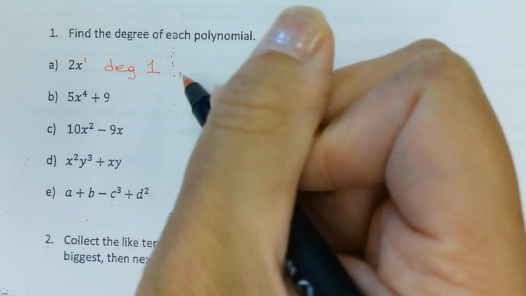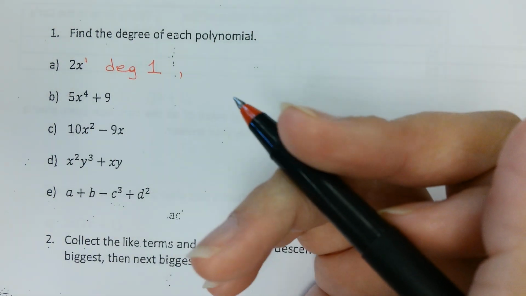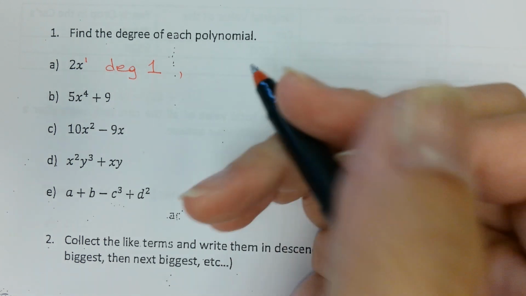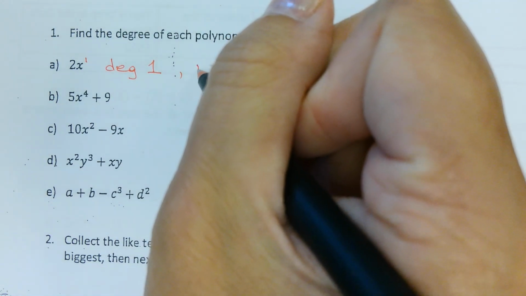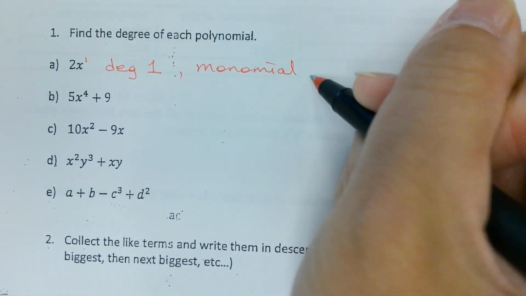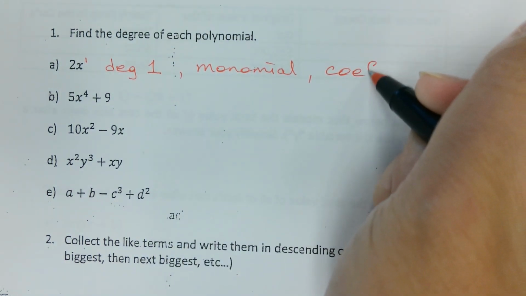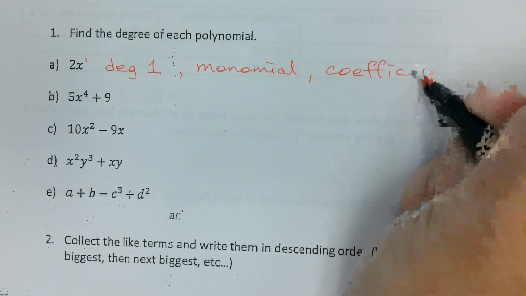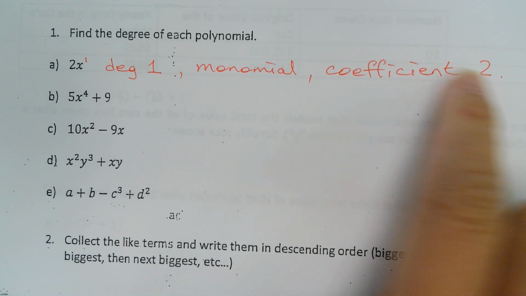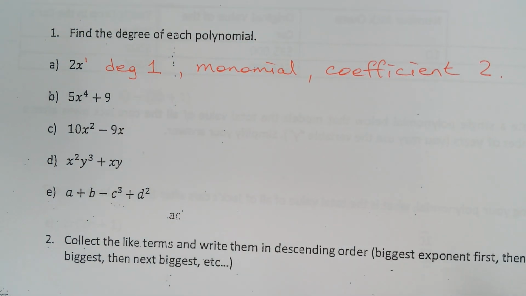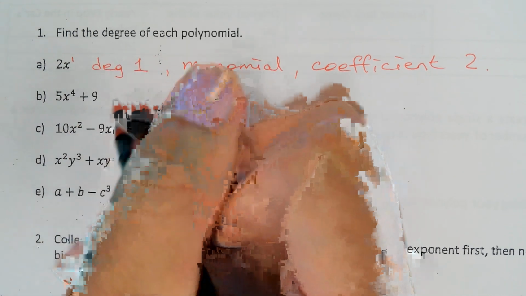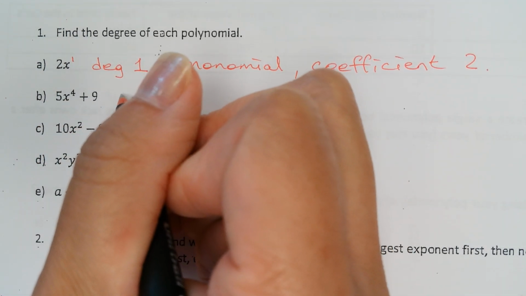For the sake of the review, how many terms does this have? 1 term, and so it's called a monomial. What's my coefficient here? Good. Coefficient 2. You didn't have to answer all this, but I thought it would help for the review. All right. What is the degree here? 4.